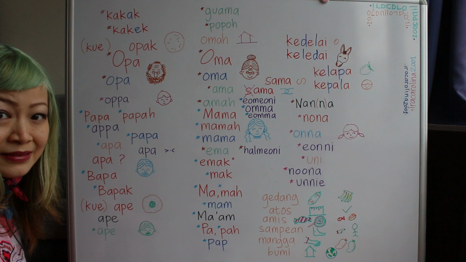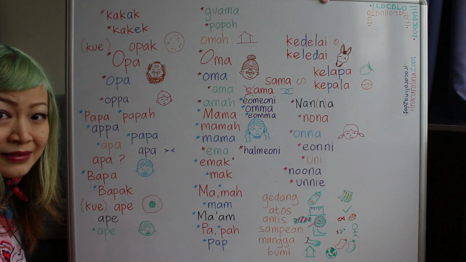It turns out this one is the formal one and this one is the informal one. It's interesting. That's why I put pink circle. This one is for mom or ma'am or mother, mak. But sometimes we also hear emak or Mrs.